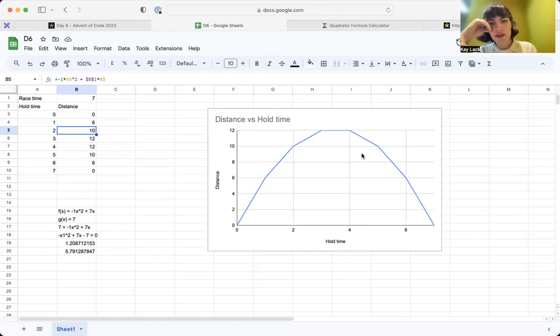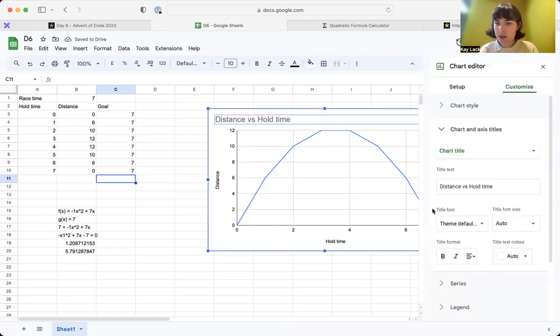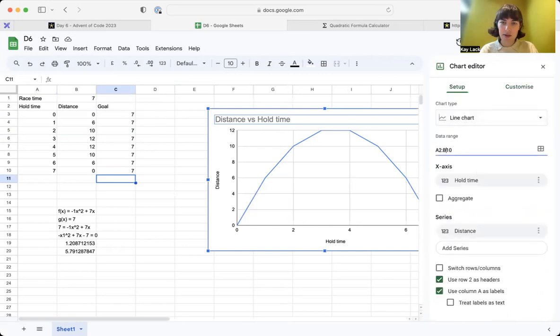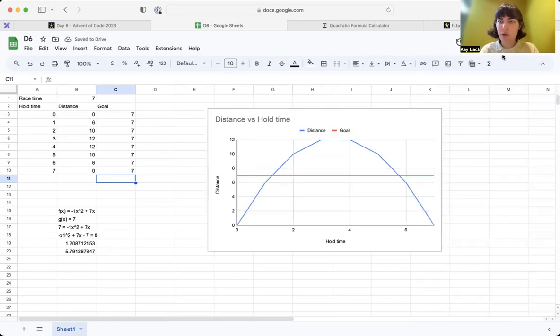Now I had the idea that if we were to look at it like this, we want to find the intersection of these two curves, right?